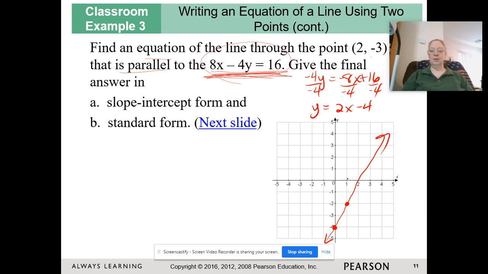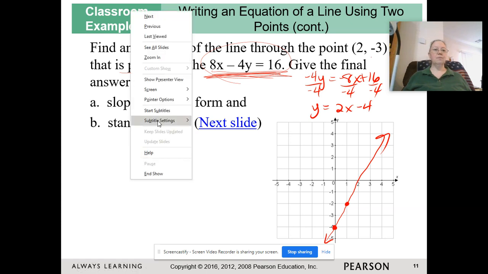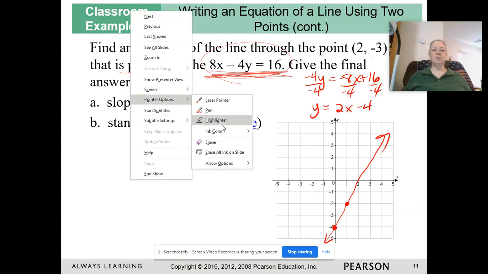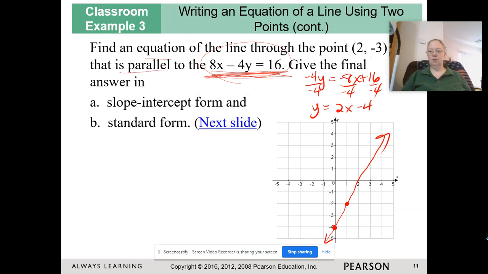Our equation, I'm going to change the colors here. Pointer options, ink color, let's use blue. All right, so our equation has to go through the point (2, -3). As you can see, based on the graph, this line does not go through this point at all whatsoever. So why do we give you this equation?